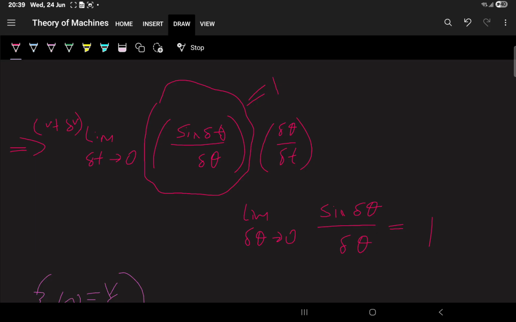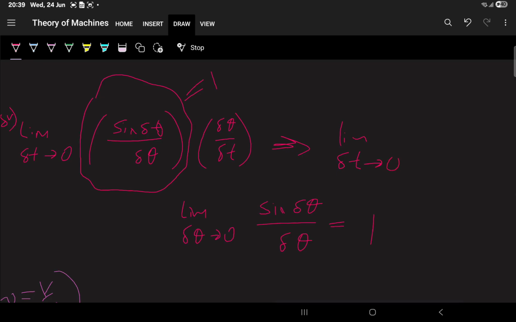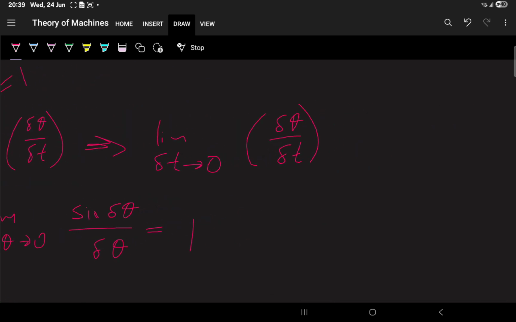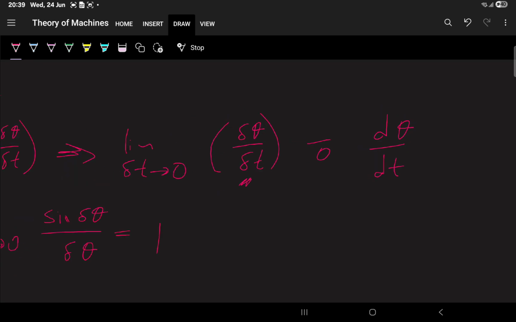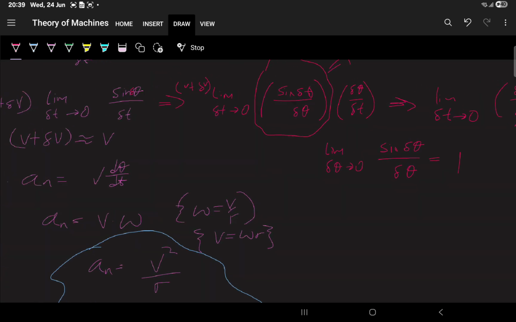So basically this equals 1, so we're left with limit as change in theta approaches 0 of delta theta divided by delta t. Now again, if you substitute 0 into here, we're going to have an undefined answer. So we apply L'Hopital's rule again. We take the derivative of the numerator and derivative of the denominator, and that's what we simplified.